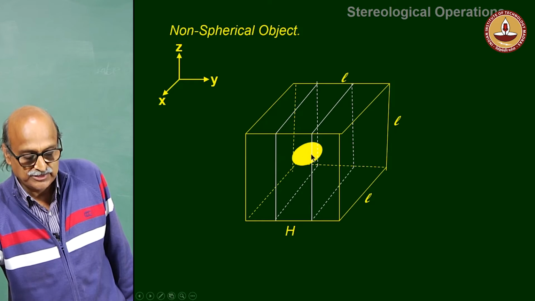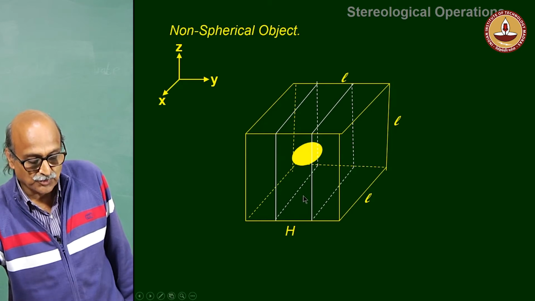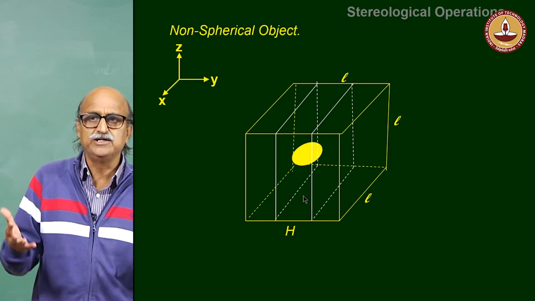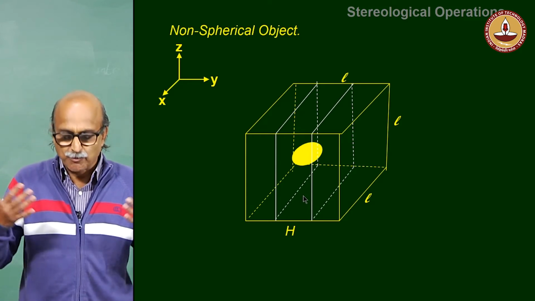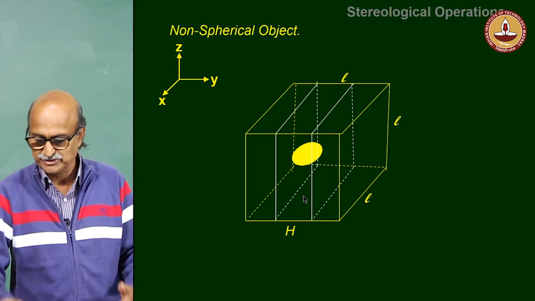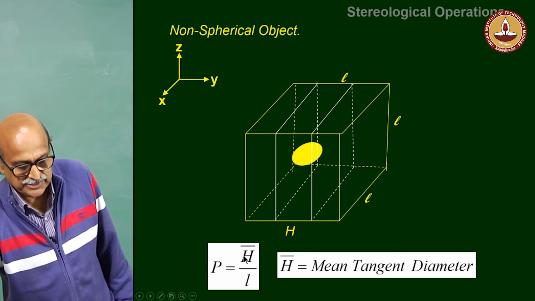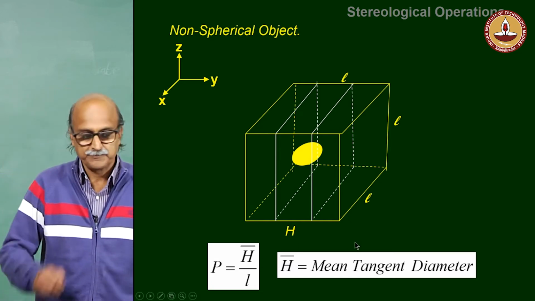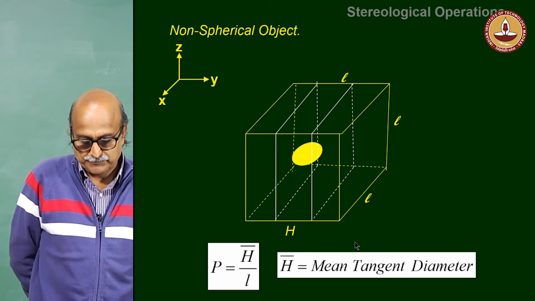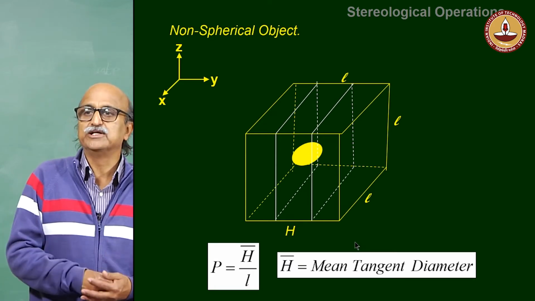As the object changes orientation, the tangent diameter changes. So, we can think that there exists a dimension called the average or the mean tangent diameter, and the probability of cutting by a plane probe this object, which takes up any random orientation, would be h bar, the mean tangent diameter, divided by L. So, this probability will now depend on the mean tangent diameter of this object.